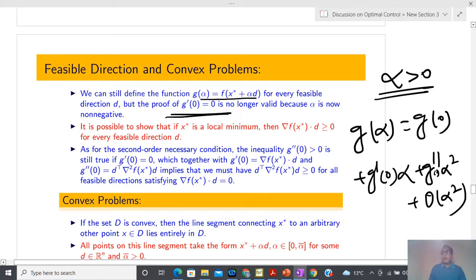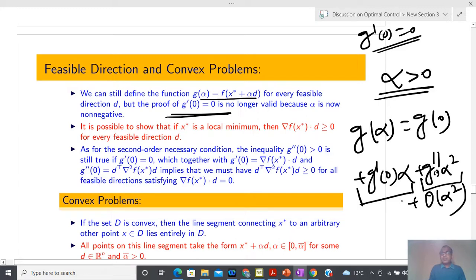Now you can see that I assume this is greater than 0 and this is greater than 0, because I cannot now assume g dash 0 equal to 0. Why? Because in order to establish g dash 0 equal to 0, I required that alpha should be positive and negative. Based on that argument only I proved g dash equal to 0. So now g dash is not equal to 0.